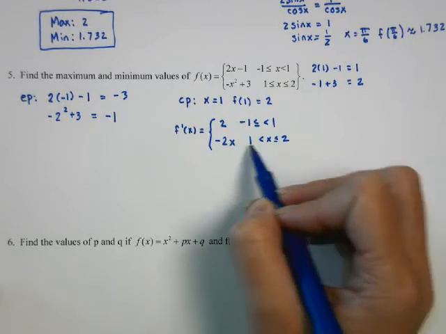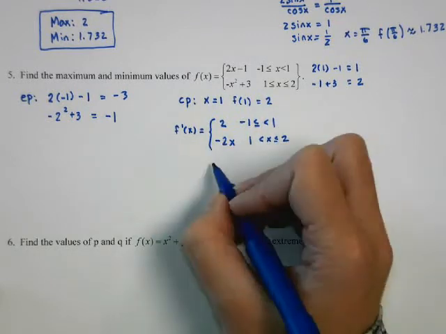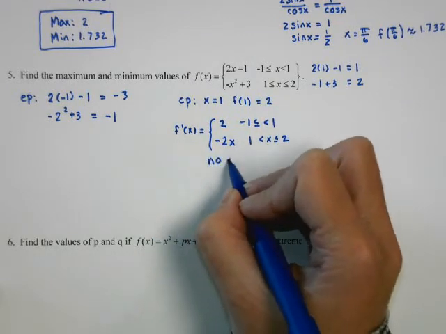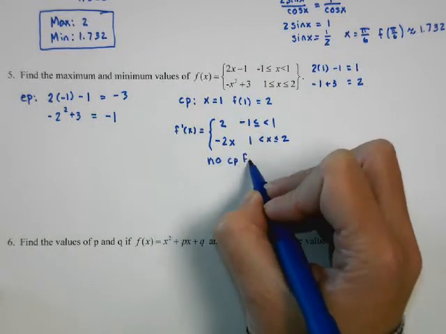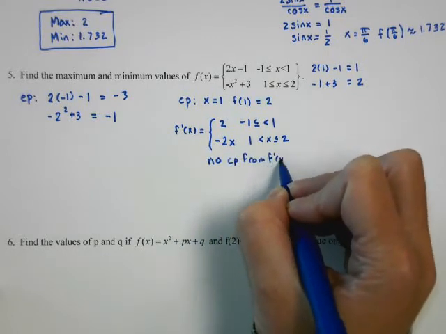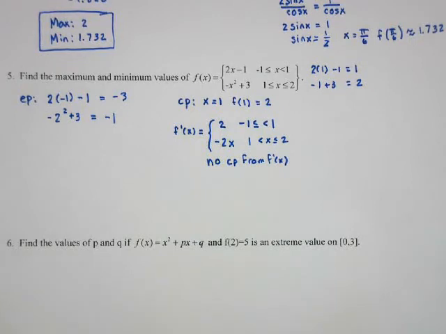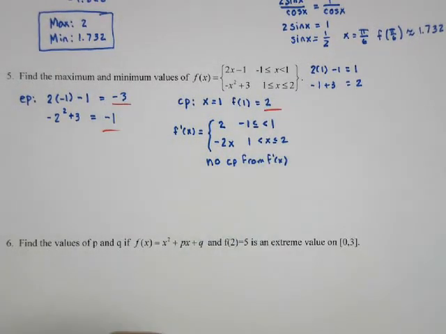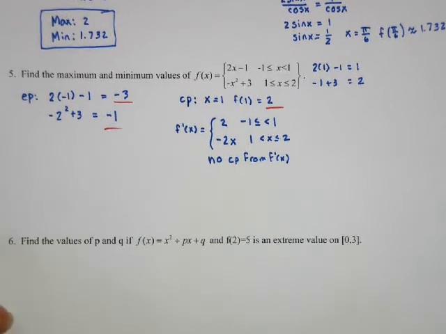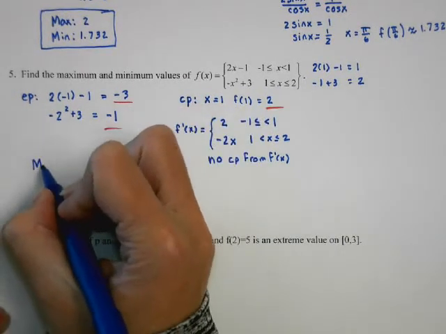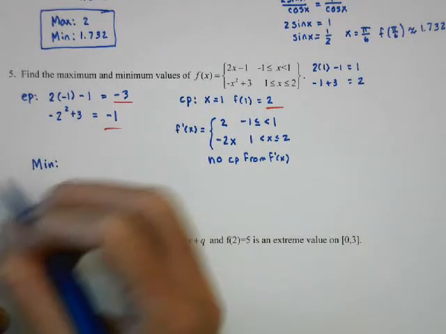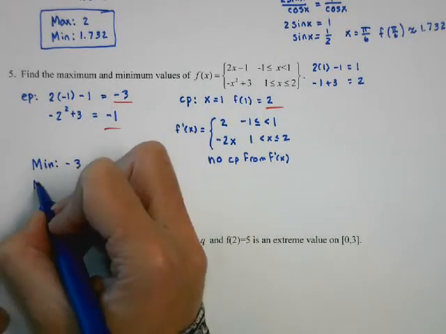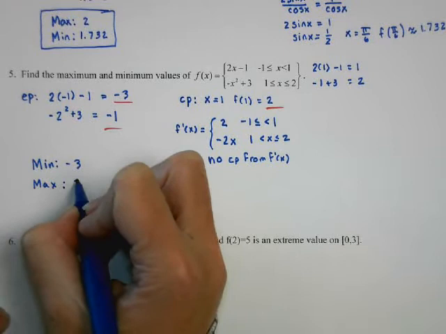But 0 isn't between 1 and 2, so there's no critical points from the derivative. So we have all of our information and we pick our winner. So those are our candidates. For this one, my minimum is going to be negative 3. My maximum is going to be 2.